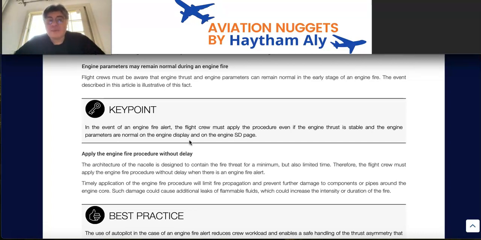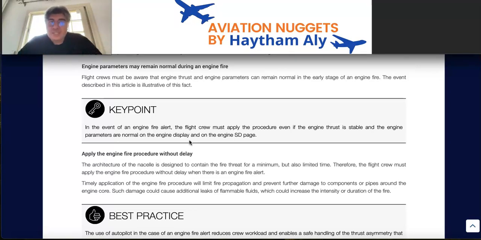And on the lower ECAM, everybody, we have the engine secondary parameters, like oil quantity, oil pressure, oil temperature, vibration indication, engine starting indication. Okay, everybody? So again, in the event of an engine fire alert, the flight crew must apply the procedure even if the engine thrust is still stable and the engine parameters are normal. Okay?